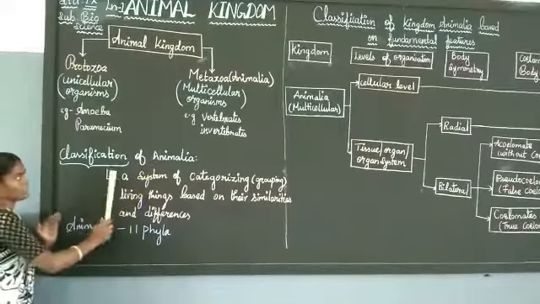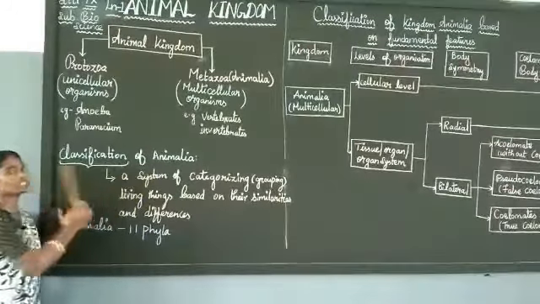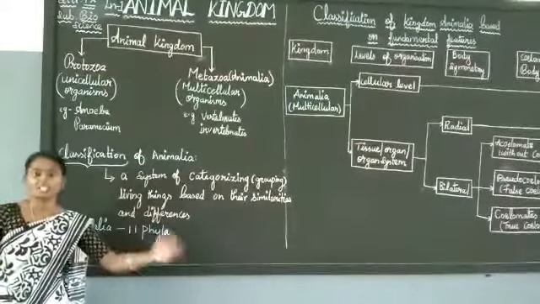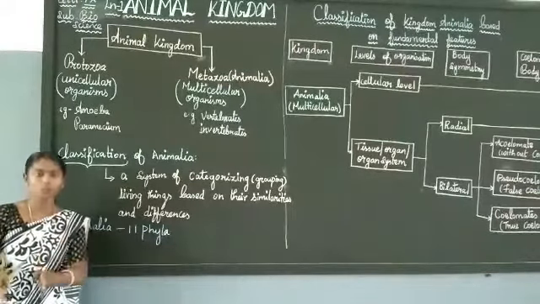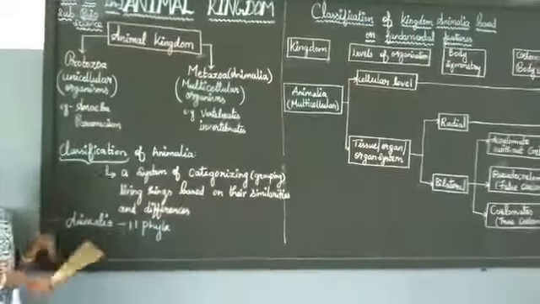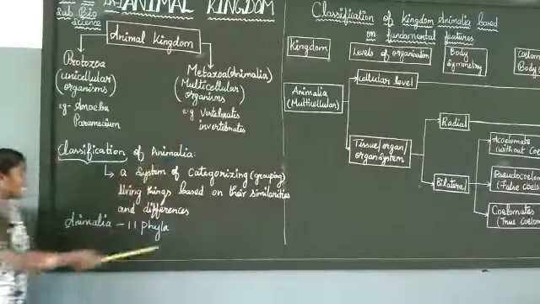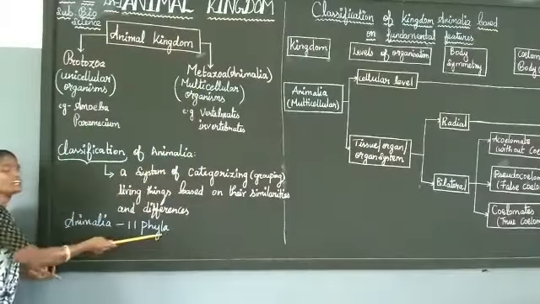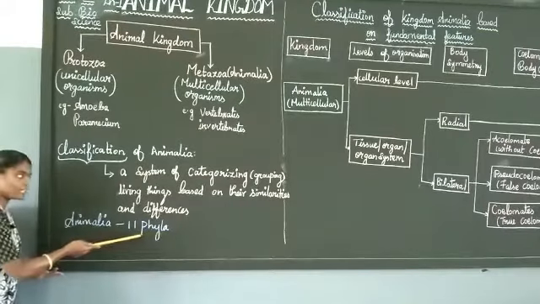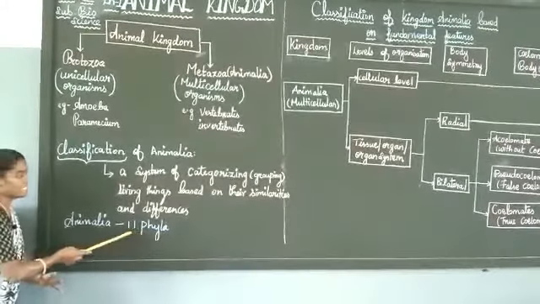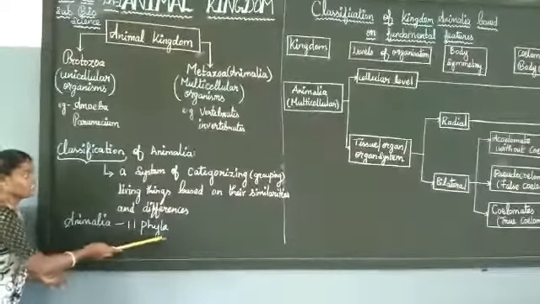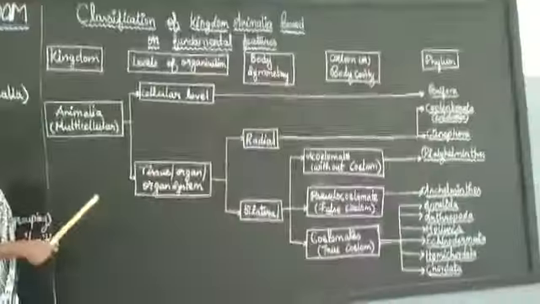Okay. Now, what is meant by classification? It is grouping, that is arranging animals in a particular group, that is called classification. Then this multicellular organism metazoa is classified into 11 phyla. Here phyla is a plural word, that is 11 phyla. Individually it is called phylum.